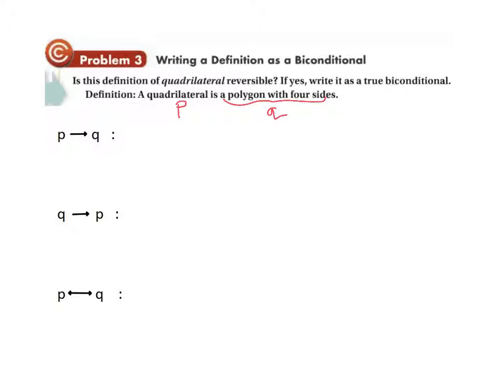Yes, that's what a quadrilateral is. That's what quad means. It has 4 sides. Let's switch it around. If the polygon has 4 sides, then it's a quadrilateral. Yep, that's true. So can you do this? If it works both ways, can you write the biconditional then? You write it both directions.